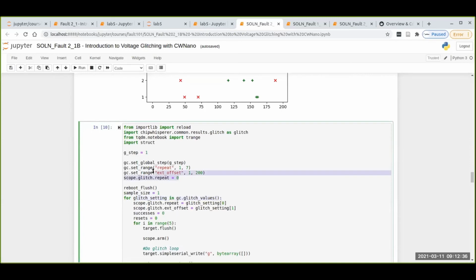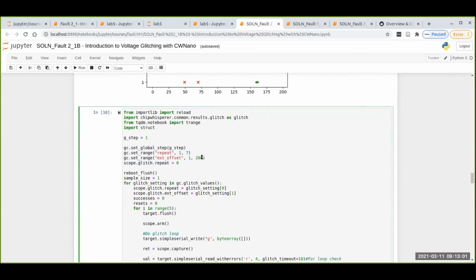So we set up the experiment that basically says that we want to have repeat range from 1 to 7. And we want to set the offset from 1 to 200. And we're also going to initialize the repeat to 0. It's probably unnecessary, but anyway, so we're going to do experimental setup here.